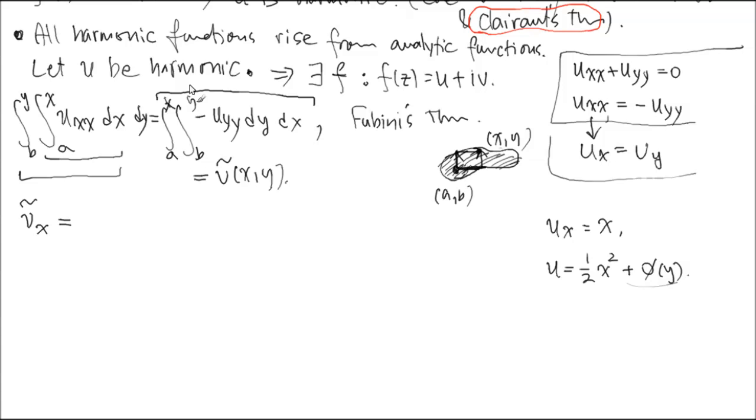Just ignore what's inside. I want you to look at the second equation as an integral from a to x dx, differentiating with respect to x. What happened? It cancels, right? And it just becomes the integral from b to y of negative u_yy, where x is kept constant and y is the variable, dy. Does that make sense? I'm not using this version, I'm using this one here.